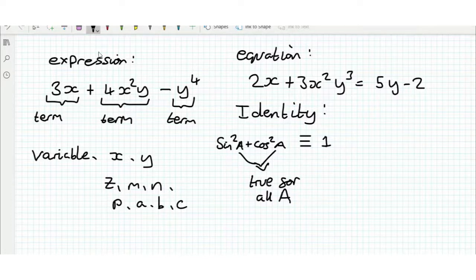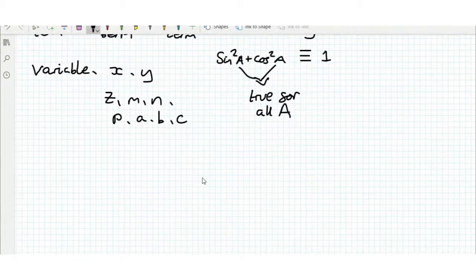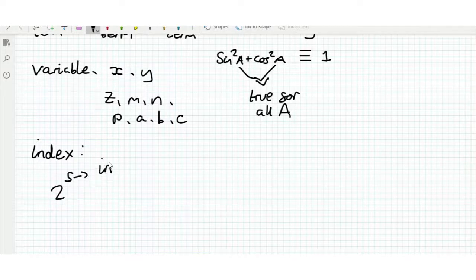Now, the final couple of things we want to look at are an index. If we have a number raised to a power, that power is called the index. Okay, so a few more examples.